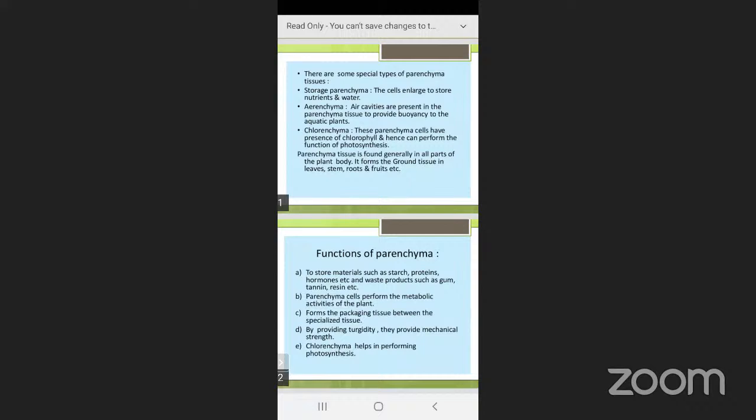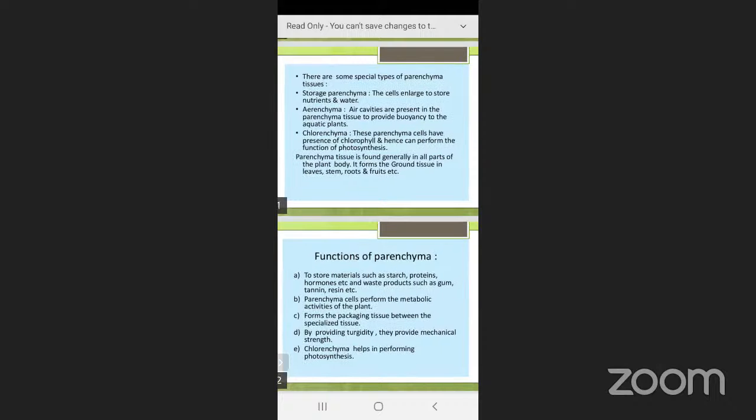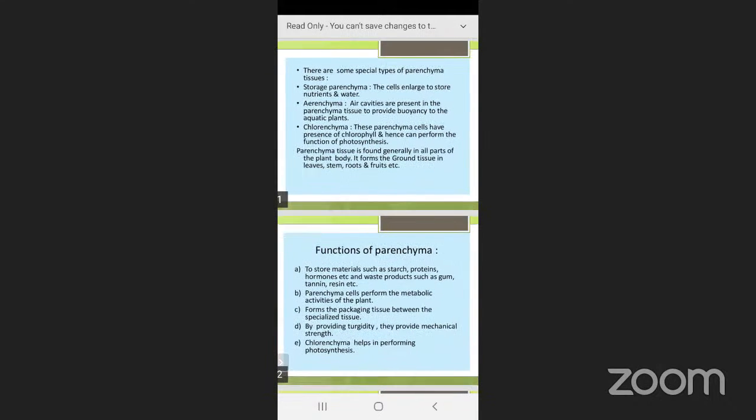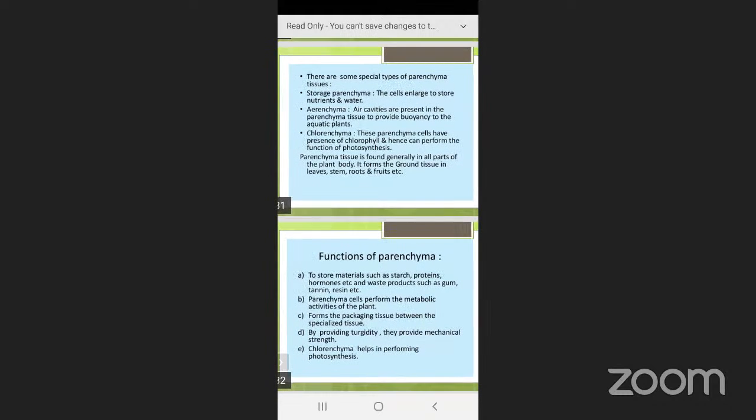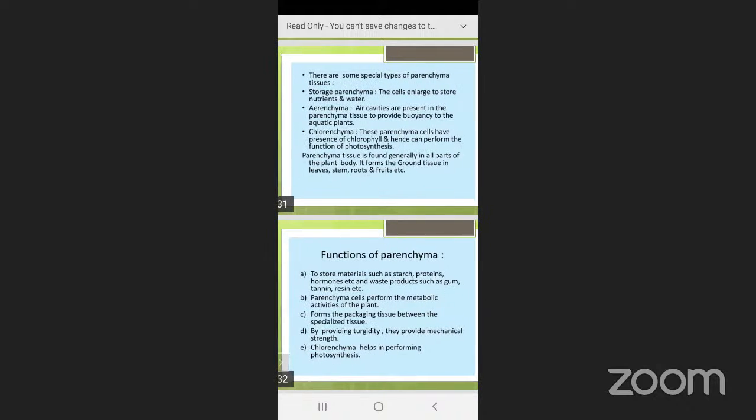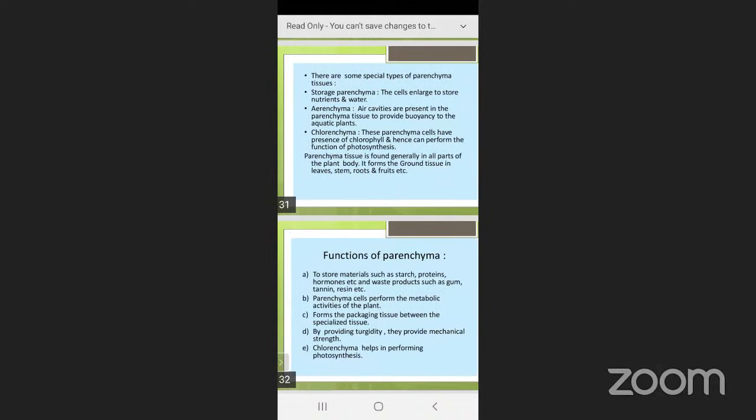Chlorenchyma consists of chlorophyll, aerenchyma of air cavities, and storage tissue stores food, water or excretory waste products.